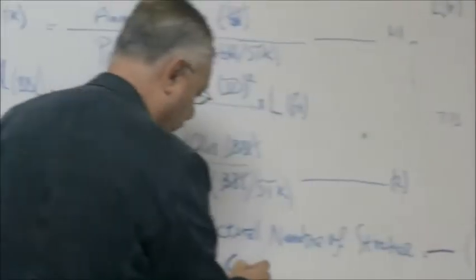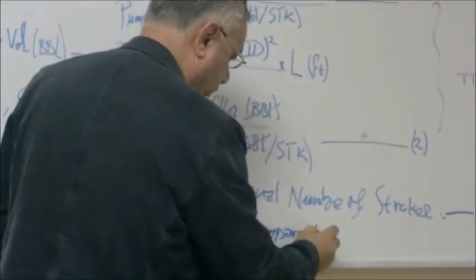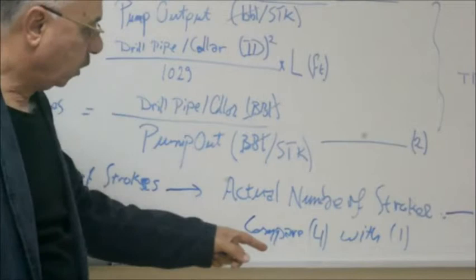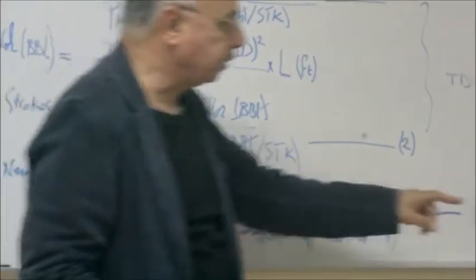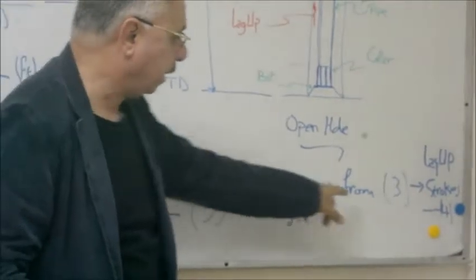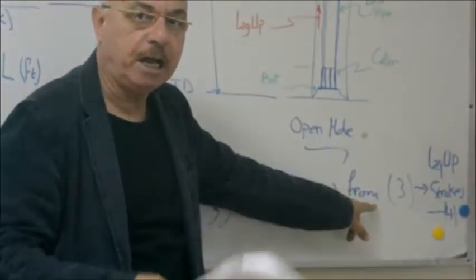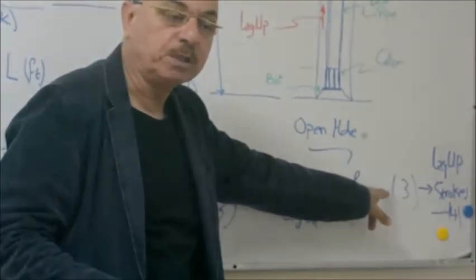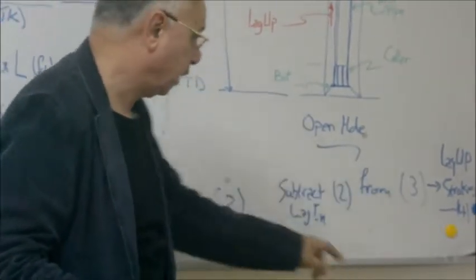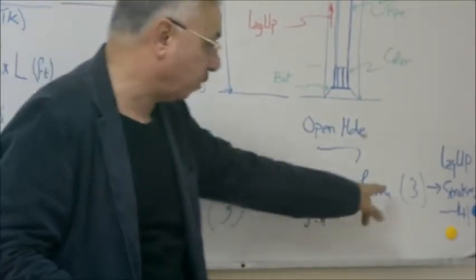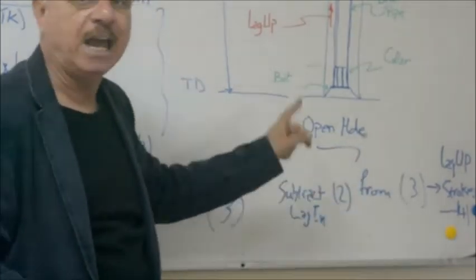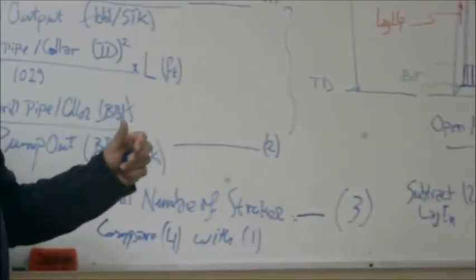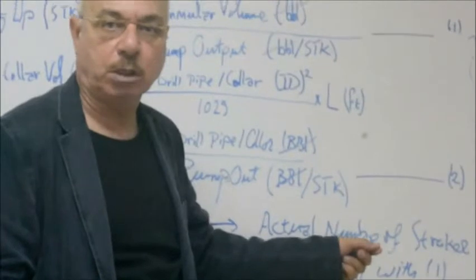Compare 4 with 1. 4 is the difference between the leg in and the total number of strokes in and out, the complete cycle. This is 3, which represents the complete cycle, leg in and leg out. If we subtract leg in from the complete cycle, we will have the leg out as the actual number of strokes. We will compare it with the theoretical number of leg up in strokes.